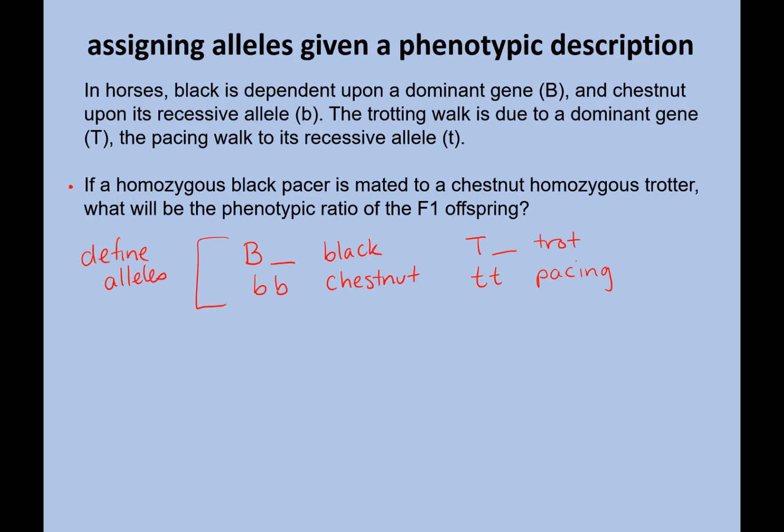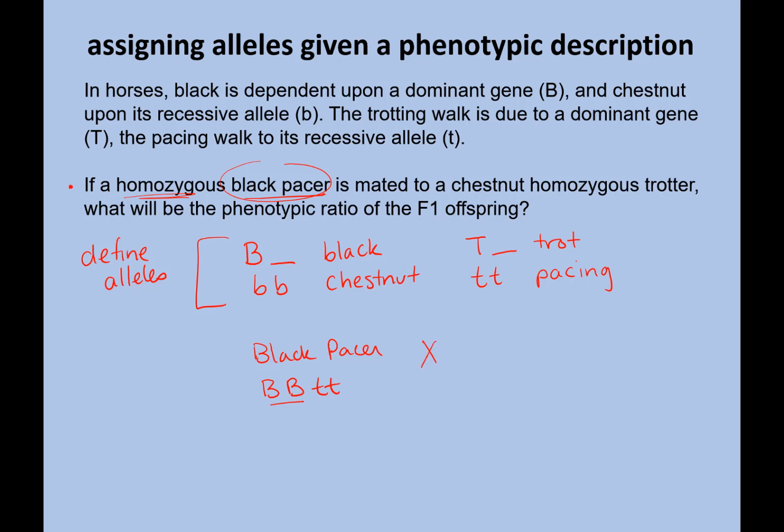Okay. If a homozygous black pacer is mated, okay, so let's stop here. We've got a black pacer. Got a black pacer. And it tells me that they're homozygous. That means the genotype is homozygous. So we've got black and we've got pacer.